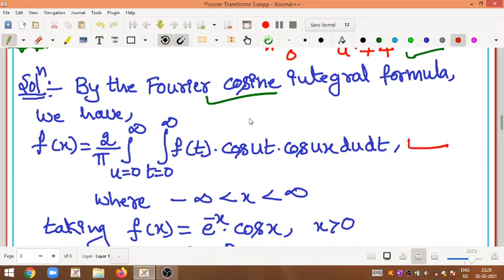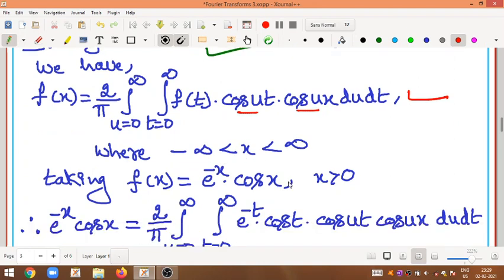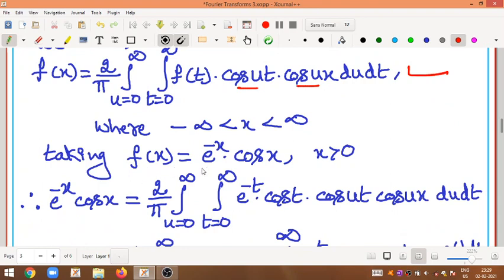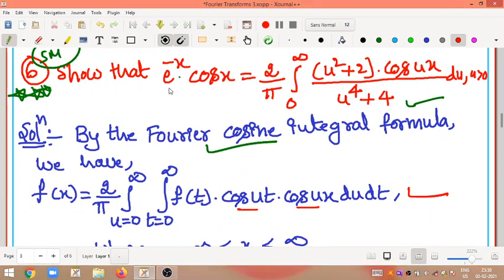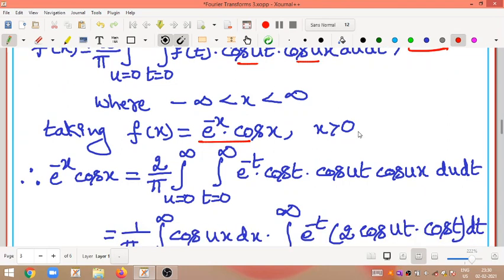In the Fourier sine integral form, both will be sine; here in the cosine integral formula, both will be cos. Observe carefully where x lies, between minus infinity and plus infinity. Here we take f of x equal to e to the power minus x into cos x, which is for x greater than 0.